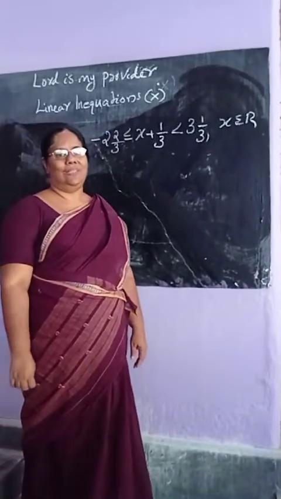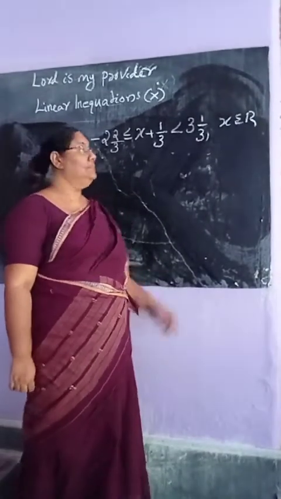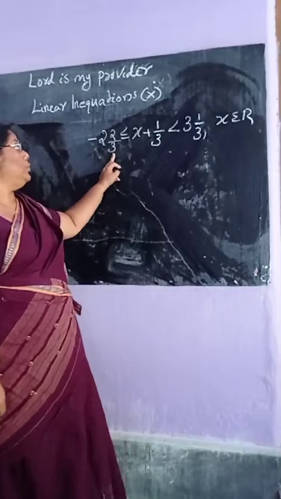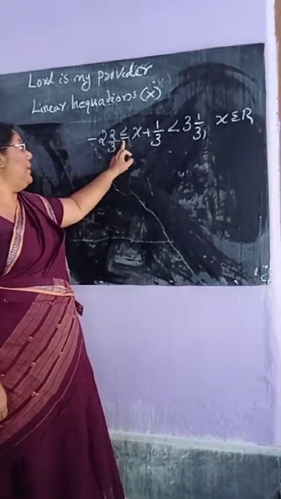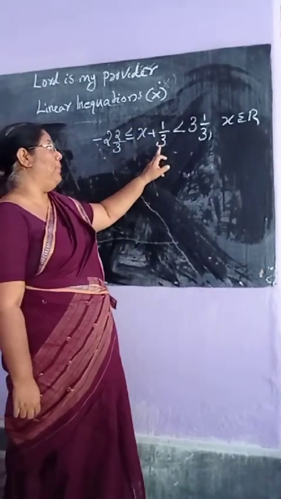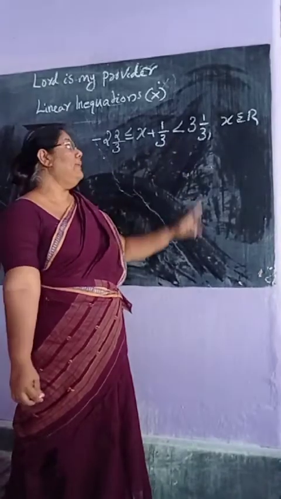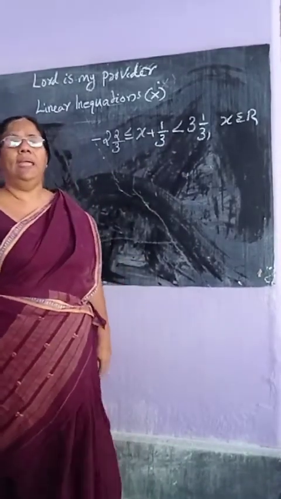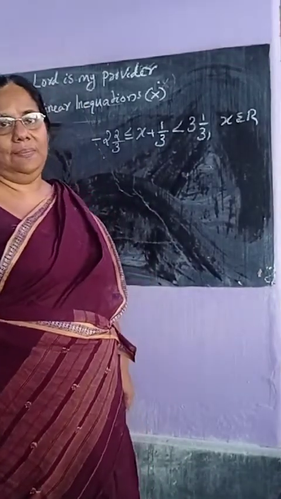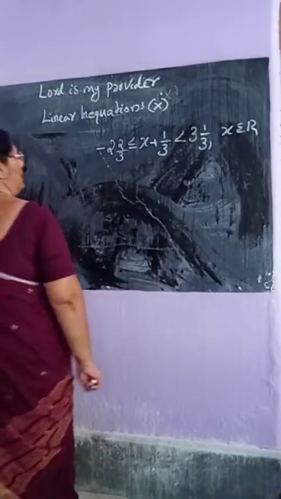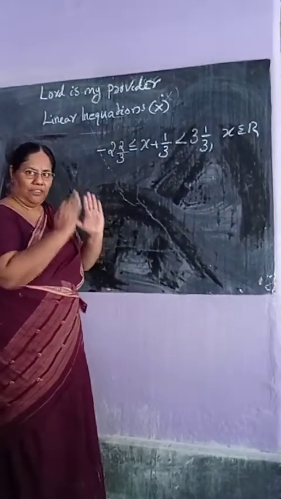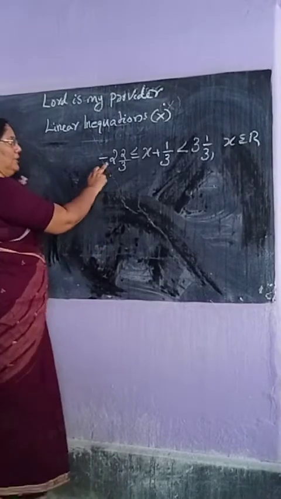Write the next question. Minus 2 and 2 by 3 less than or equal to x plus 1 by 3 less than 3 and 1 by 3, x in R. Now look here. Which is the first part?